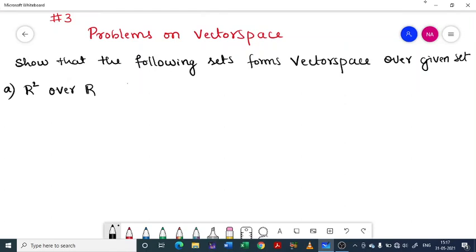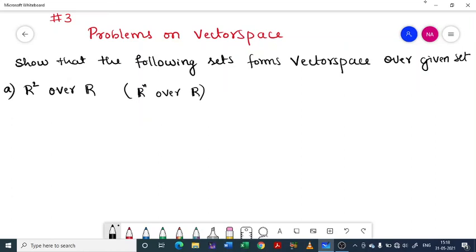This can be generalized as R power n over R. The way of proving R power n forms a vector space over R is exactly similar to proving R square forms a vector space over R. So the procedure is exactly the same. In an examination they may ask you to prove R square, or R cube, or R power n.